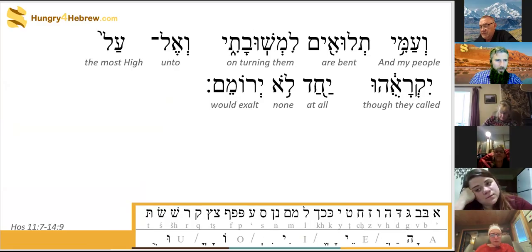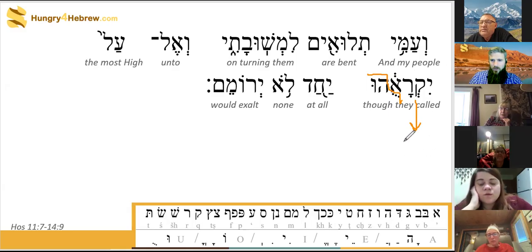Okay, there's a pronominal suffix on here, so we can peel that away. That means we are left with a yiktol verb. What person, gender, number is yikra? Masculine. So it's referring back to my people. Very good.